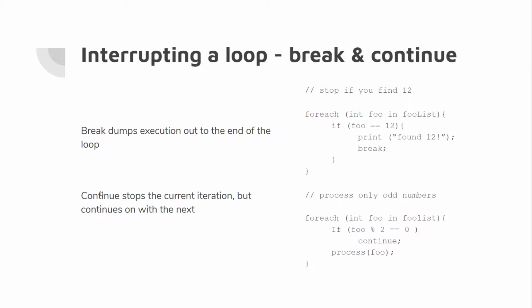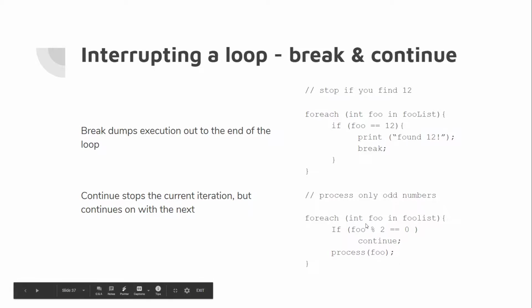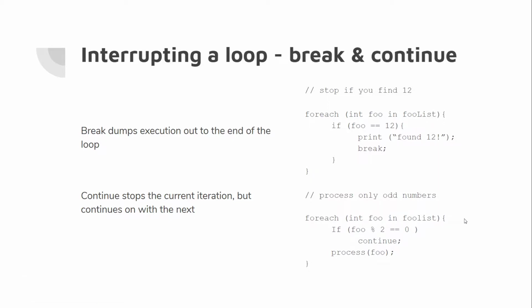Now, continue causes us to stop the current iteration, but continues on with the next. Continue says, don't do anything else that follows, just go to the next iteration of the loop. Say you only wanted to process the odd numbers, for each int foo in our fooList, which might be 1, 2, 3, 4, 5, and so on.